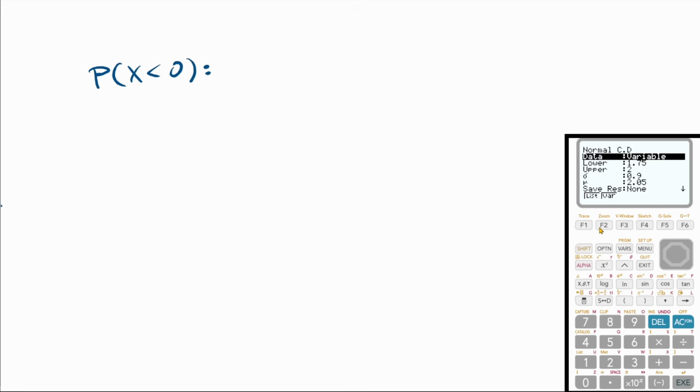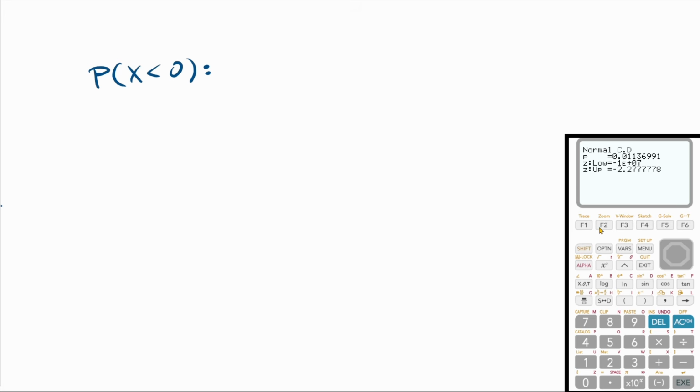And now let's have a look here. We have lower value. And actually we want less than 0, so it's going to be negative infinity kind of, so just a really low number. And then our upper limit is 0. Again, it doesn't matter if it's equal to 0 or number just below. And the standard deviation and mean are still the same.